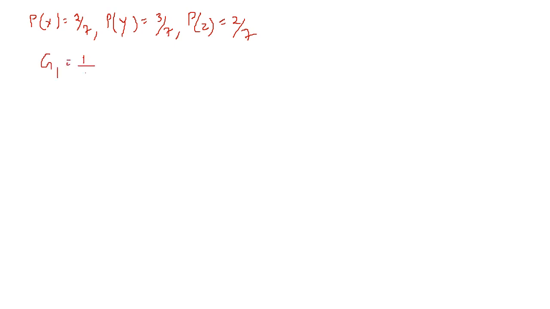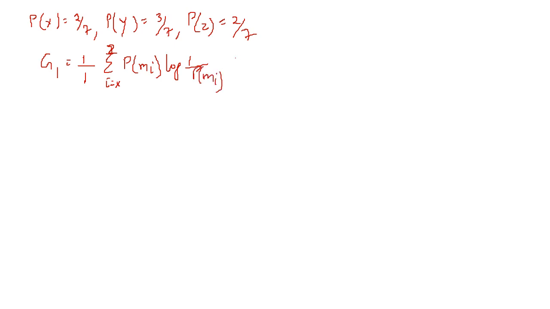Now we have got the state probabilities for the symbol interval: P of x is 2 by 7, P of y is 3 by 7, and P of z is 2 by 7. So now we can find G1, which is equal to 1 by 1 summation, for i equal to x, y and z, that is the 3 symbols here, of P of mi into log 1 by P of mi.